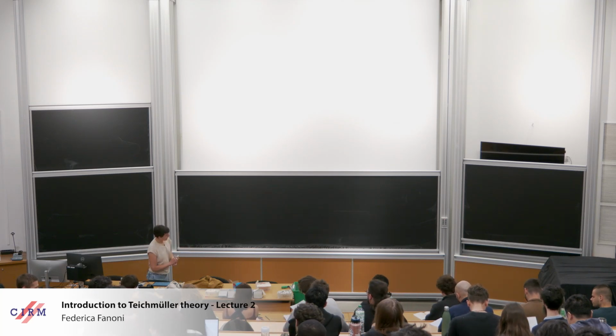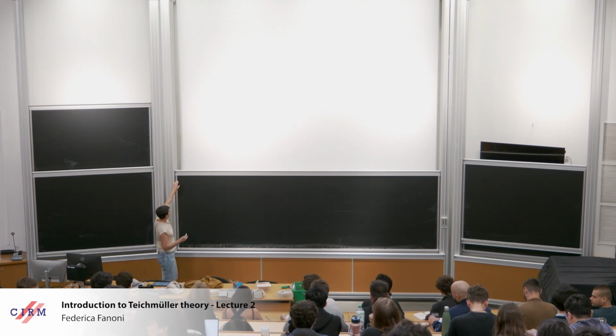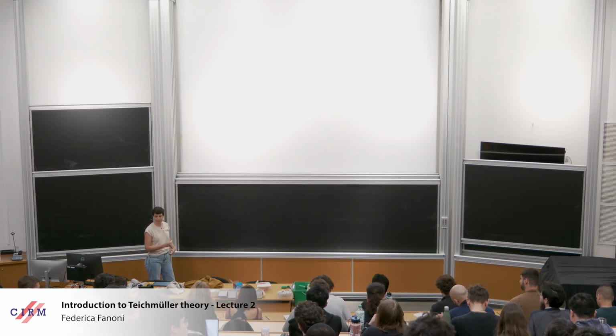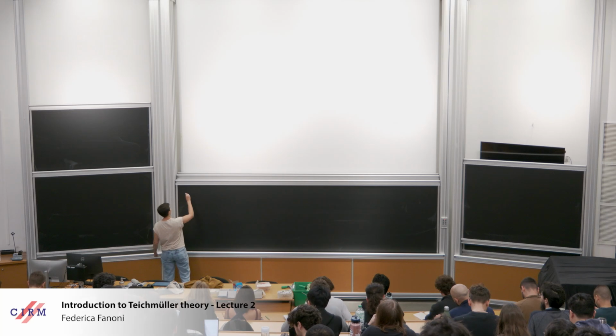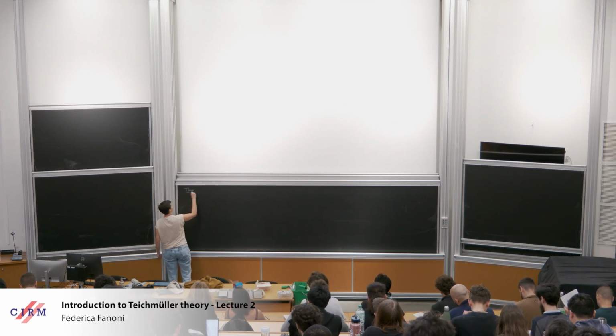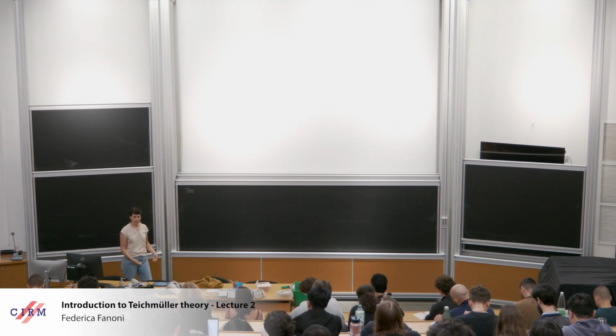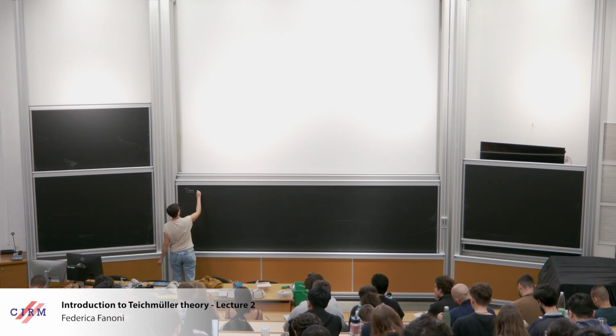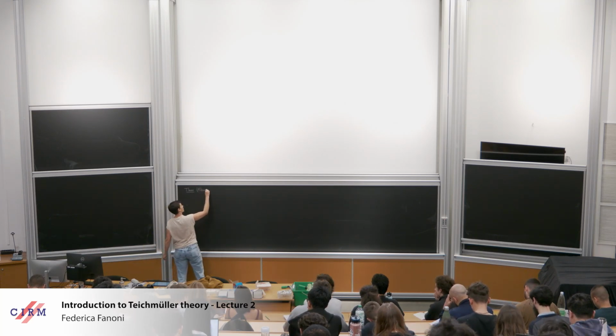Great. Okay, so let me start again with the theorem I ended with last time, these coordinates, because I want to tell you a tiny bit about how you see that this is actually a bijection. So these were the Fenchel-Nielsen coordinates.